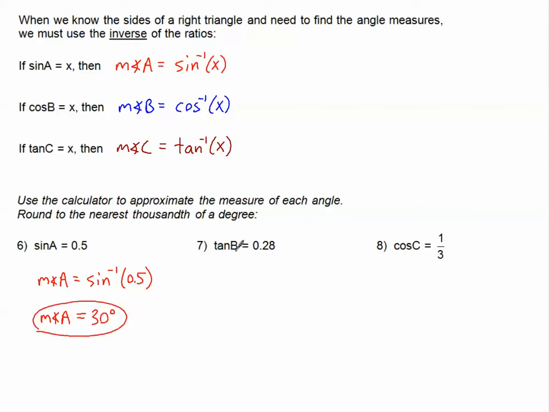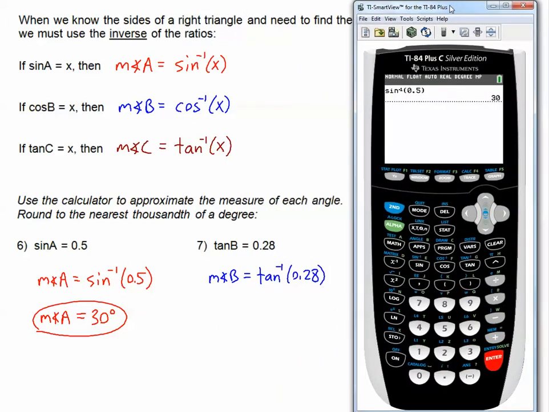Let's try the tangent of B is equal to 0.28. So that means that the measure of angle B is equal to the inverse tangent of 0.28. Inverse tangent is above the tangent button, so second tangent. And then I'll put my 0.28, and I get 15.642 degrees.